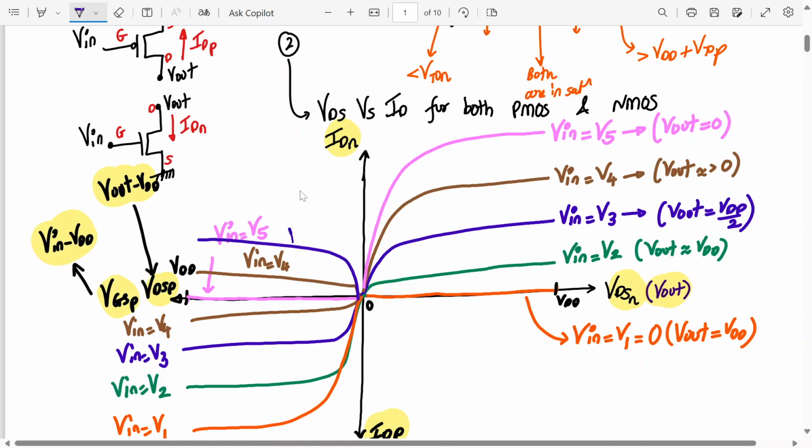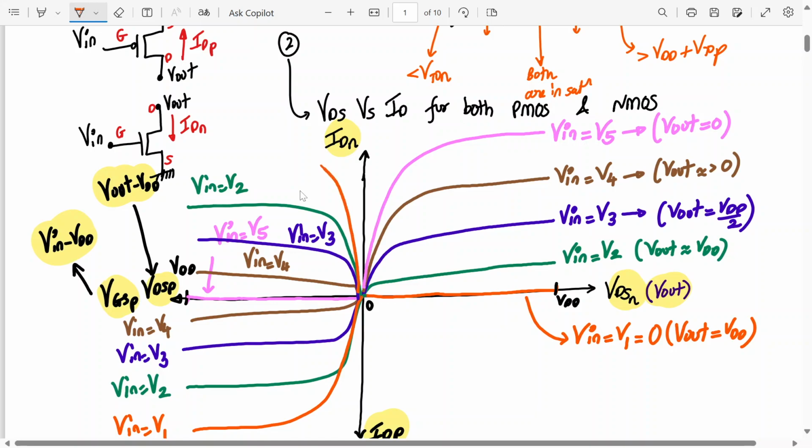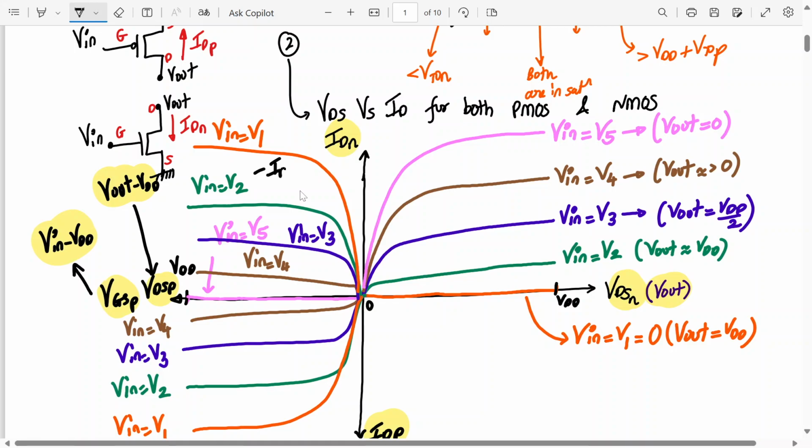This is V in equal to V3, then the V in equal to V2 curve will come, and finally V in equal to V1. Yes or no? So this is the graph which we get. Don't get confused. This graph which we have drawn over here is minus IDP.